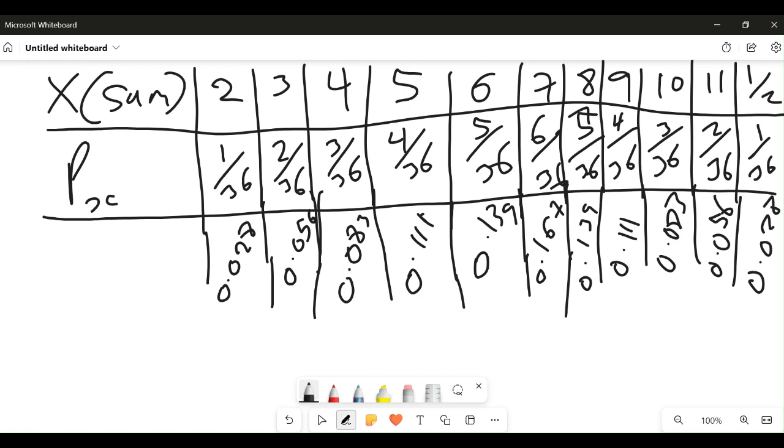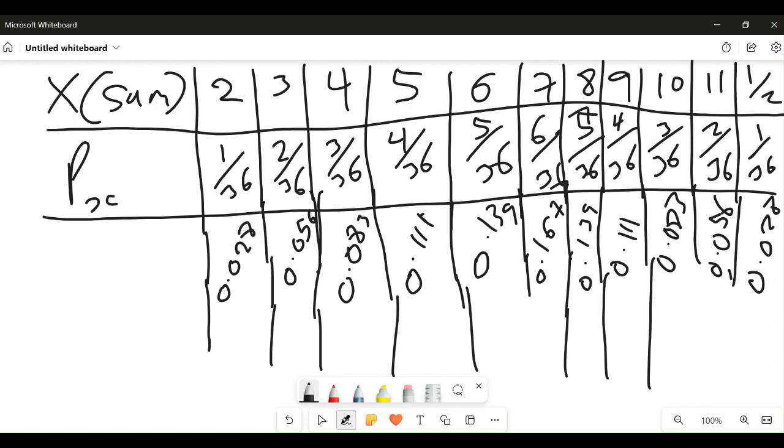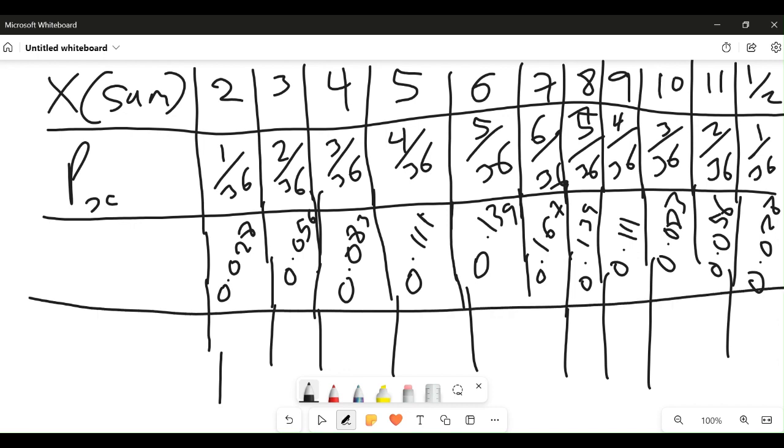Alright? You can even go further by expressing this in percentage. This will be 2.8%. This will be 5.6%. This will be 8.3%.